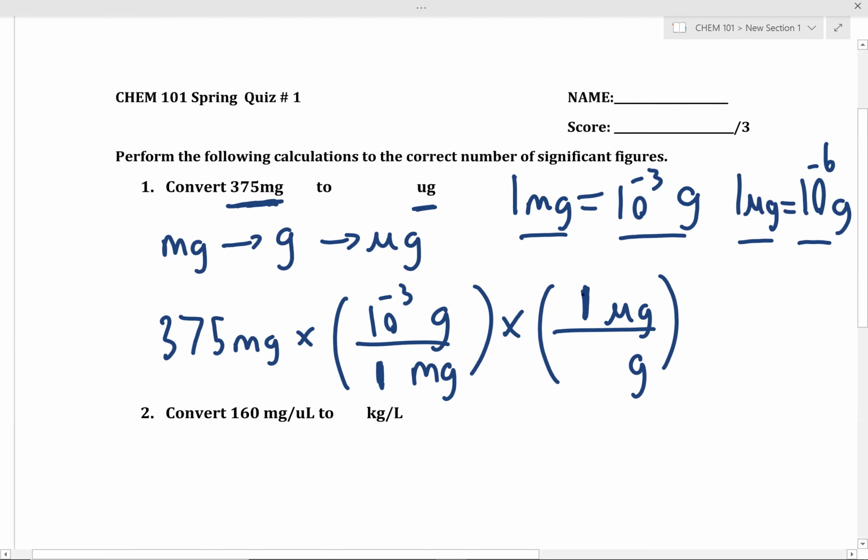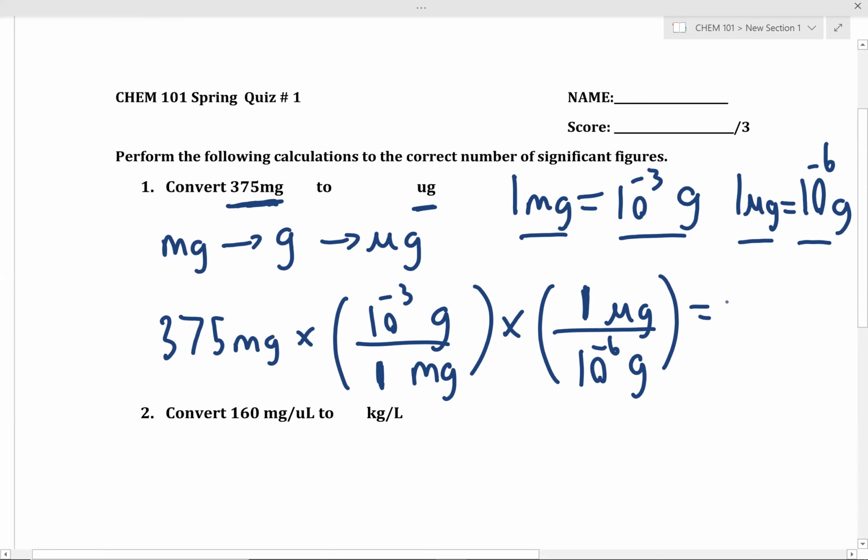How many grams? Yep, 10 to the negative 6. Okay, perfect. So we have our long form unit conversion set up. So now all we have to do is enter it into our calculator. Let's break out the document camera and show how to do that.